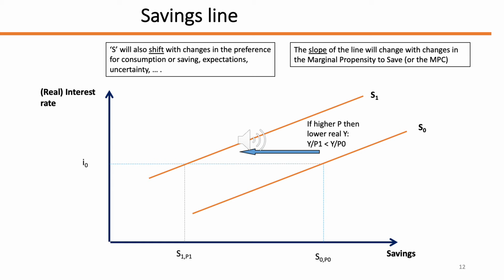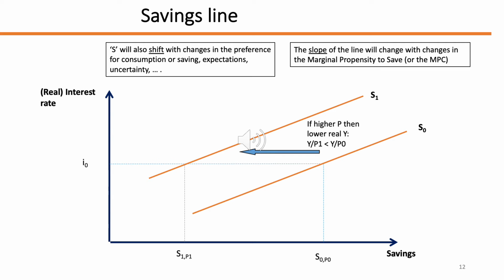There has been an increase in prices, and now our purchasing power is lower than before, so we don't have as much as we had before to save. So given that interest rates are steady, now we go from S0 savings to S1 savings with higher prices. So indeed, savings are determined by real variables, our real purchasing power.